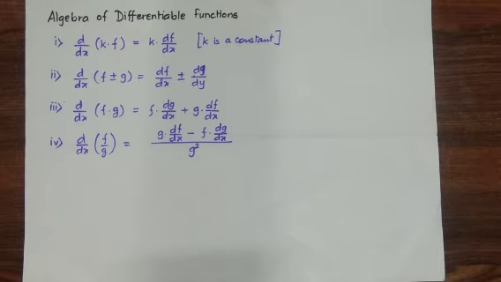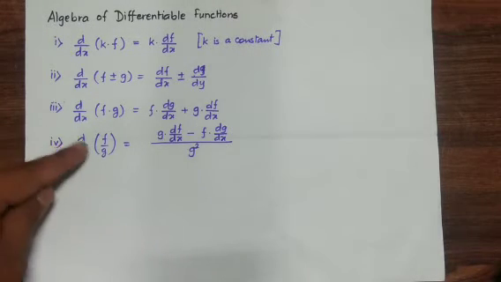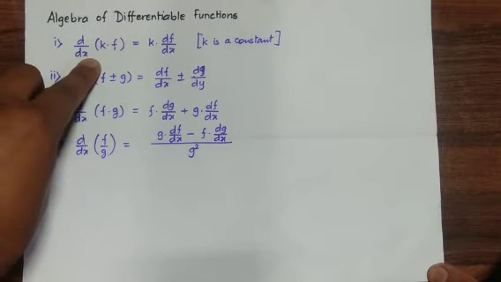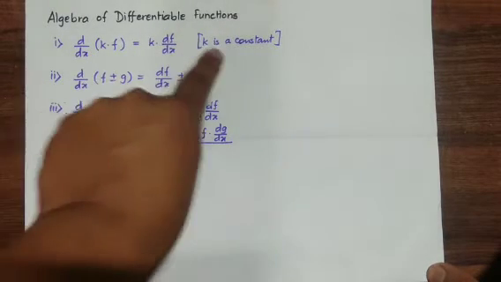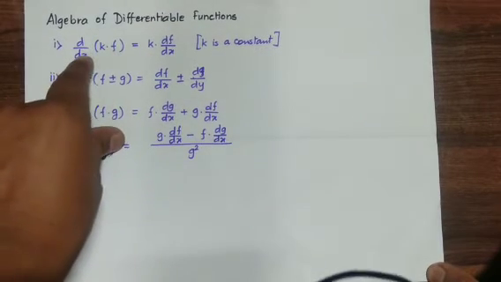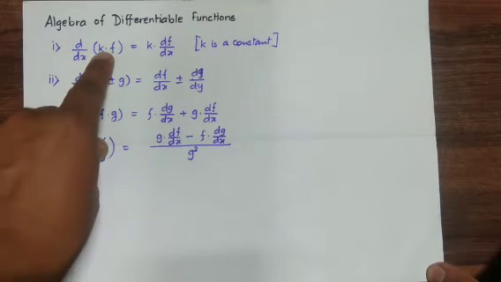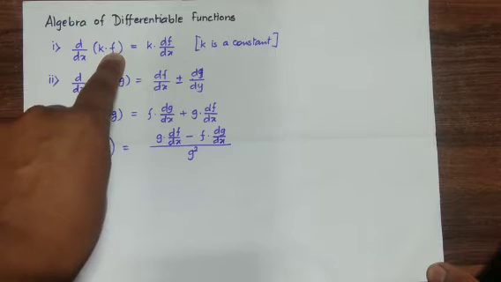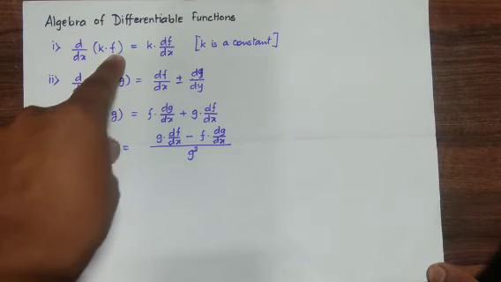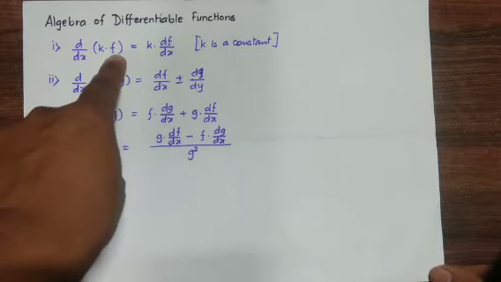Now we'll look at the algebra of differentiable functions. In all these cases, we'll assume that f and g are differentiable functions. In the first one, if k is a constant and I'm differentiating the product of a constant and a differentiable function, then this constant can be taken outside and you differentiate only the differentiable function, that is f.